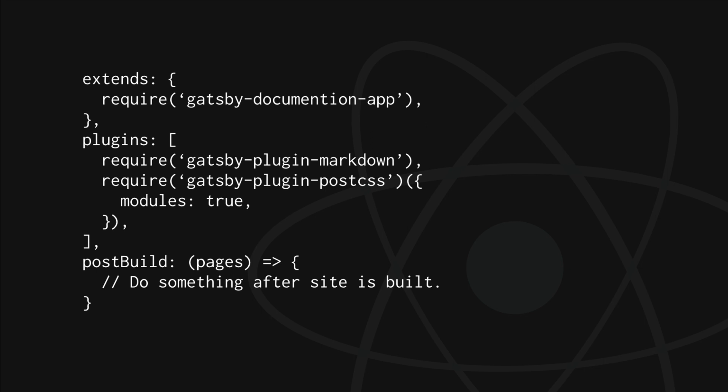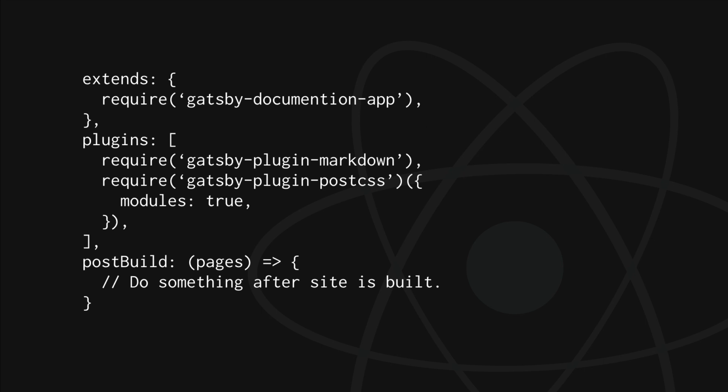You could add those, and then you could have plugins, like the Gatsby Markdown plugin and the Post CSS plugin, and these plugins could take configuration. So for Post CSS, what if you wanted CSS modules? Well, then you just turn that on.